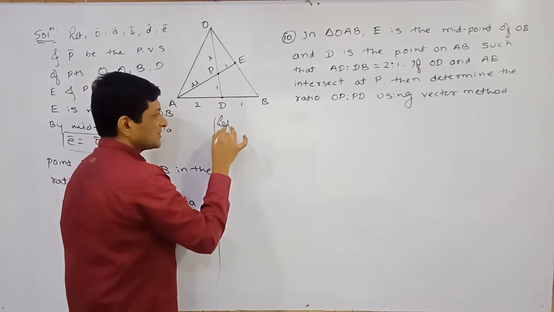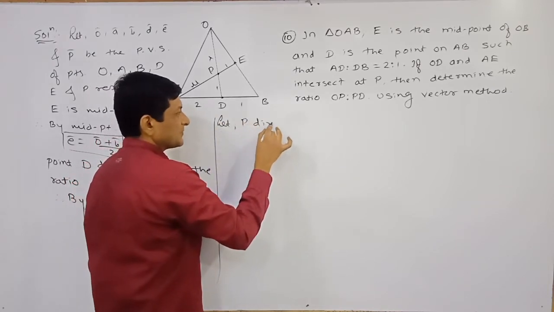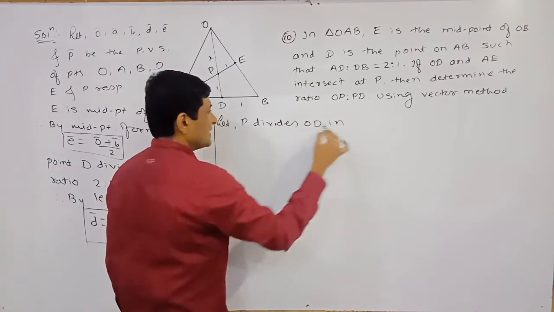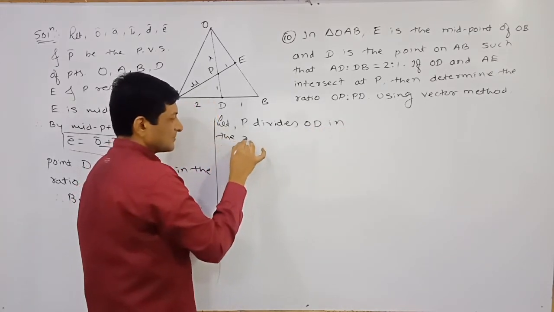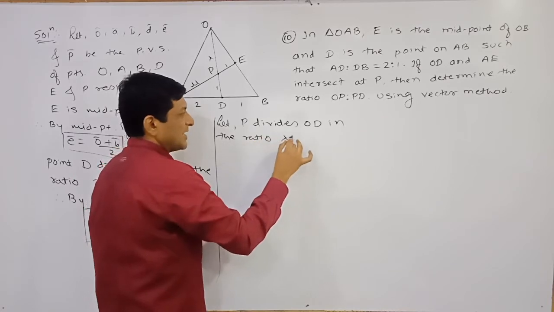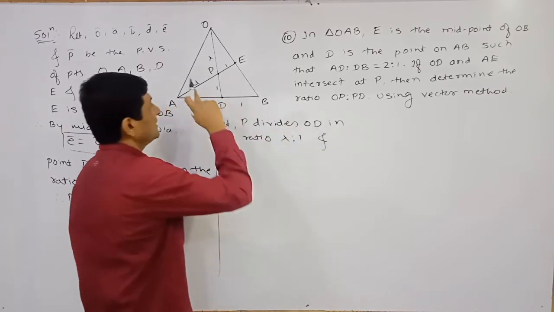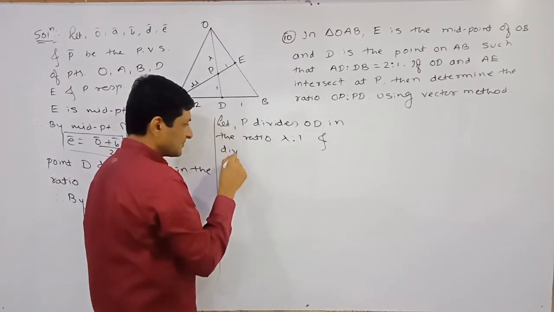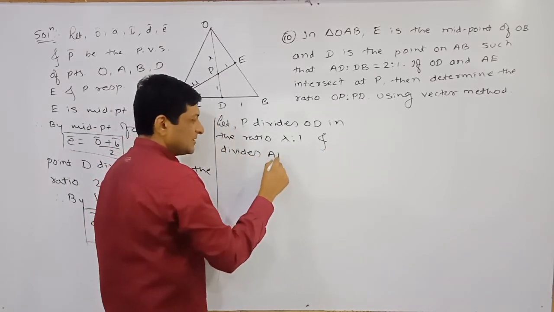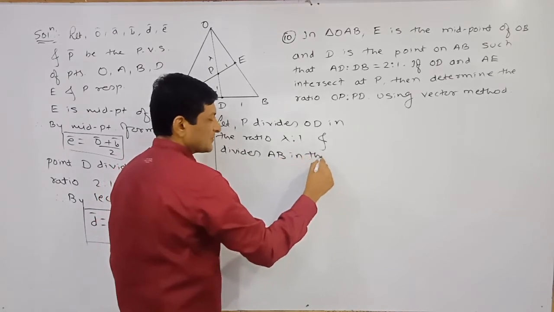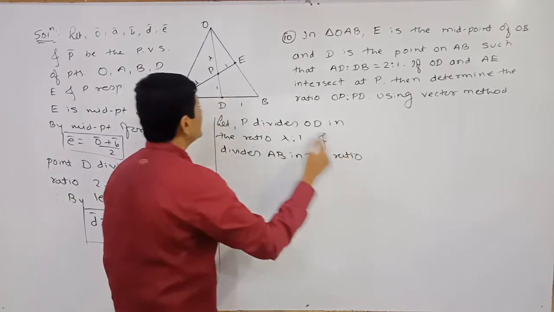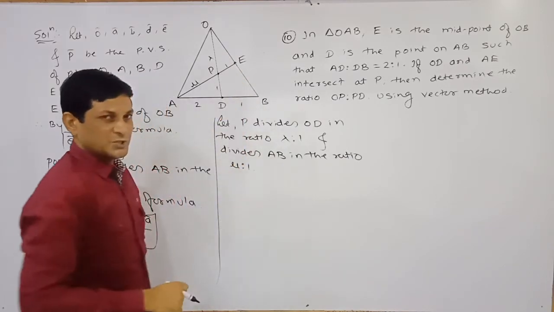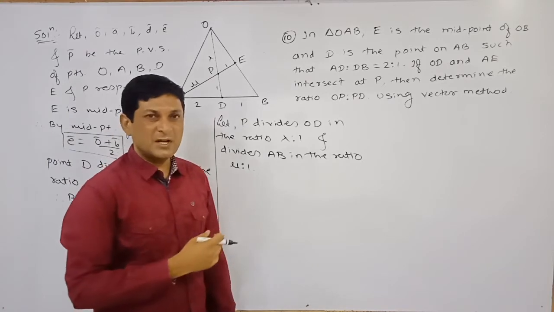So let P divide OD in the ratio lambda is to 1, and it divides AE in the ratio mu is to 1. This is our supposition. So now the ratios we have defined.